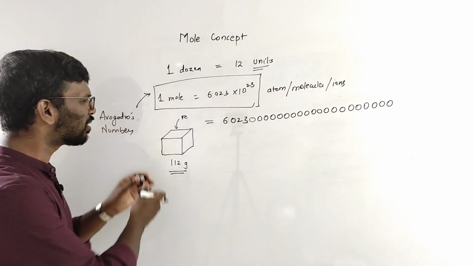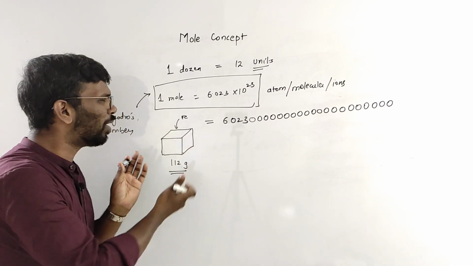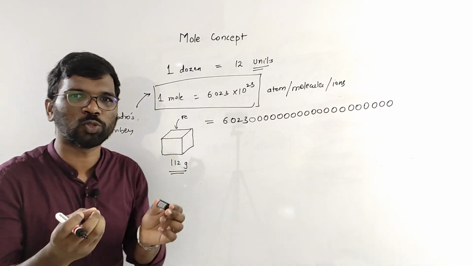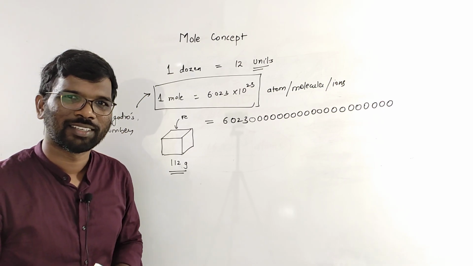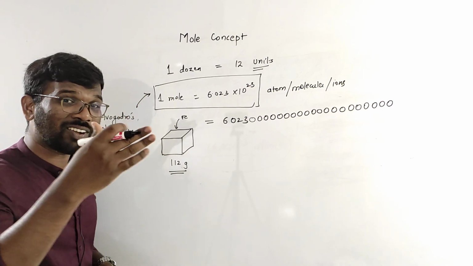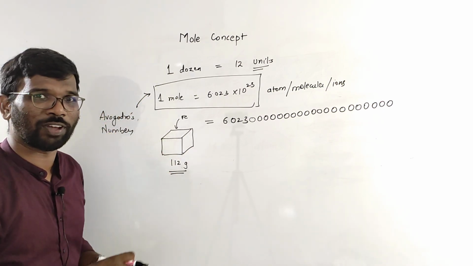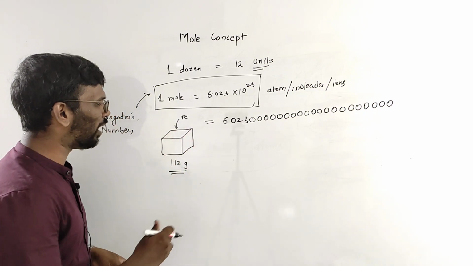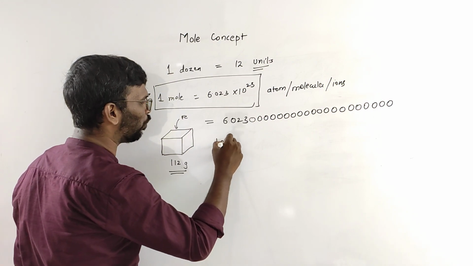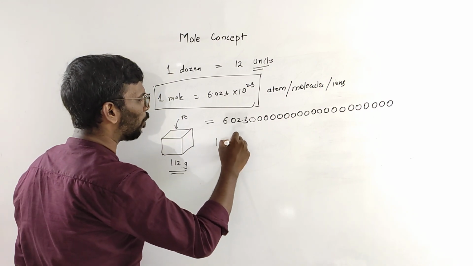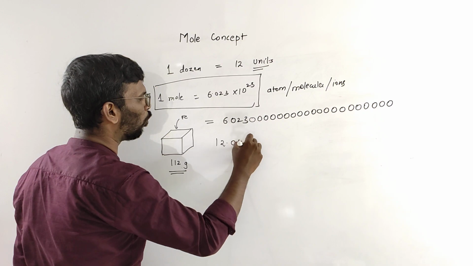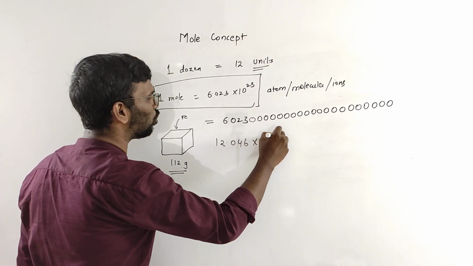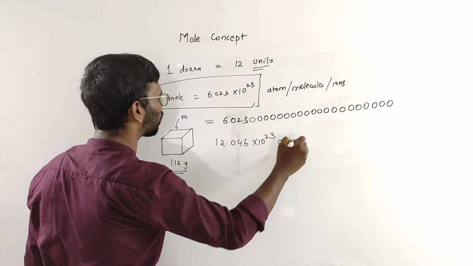Let's say by some means I am counting the number of atoms present over here, and what I get is that value. How I got that value, let's understand later. But by counting, I get the value to be around 12.046 into 10 raised to 23 atoms.